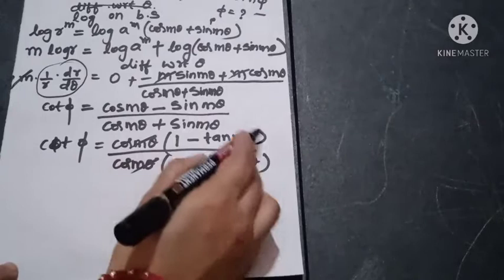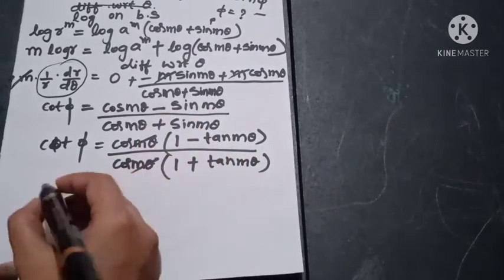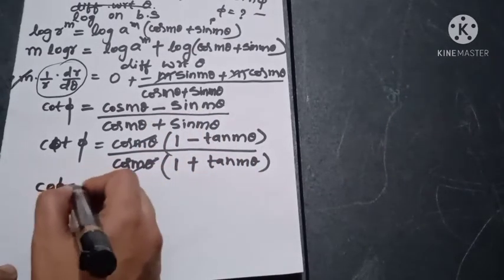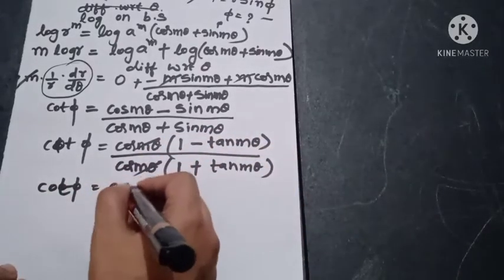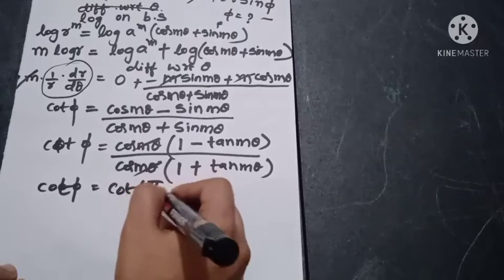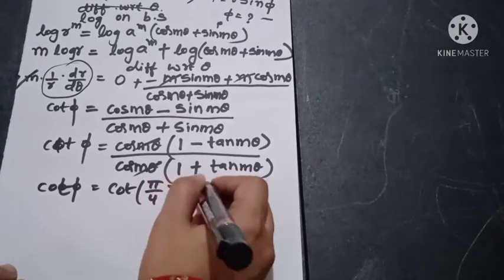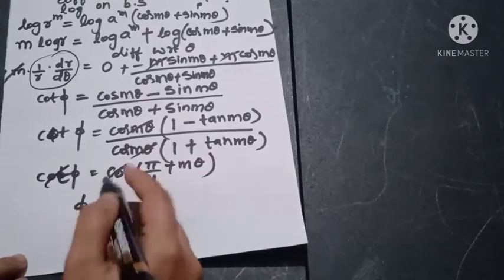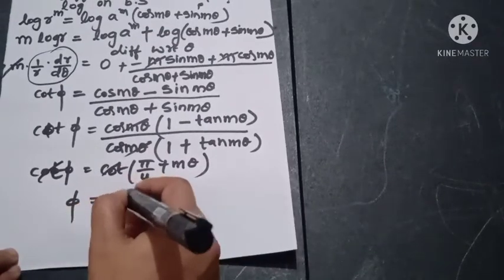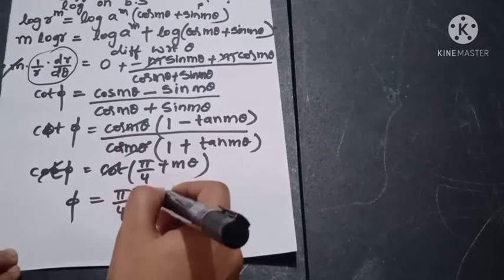The standard expression for 1 minus tan m theta by 1 plus tan m theta is cot of (pi by 4 plus m theta). This is a standard expression. So the value of phi is pi by 4 plus m theta.